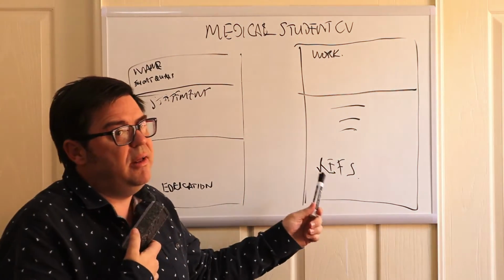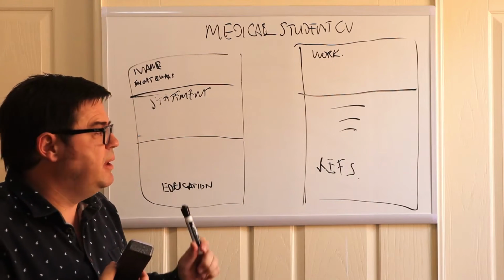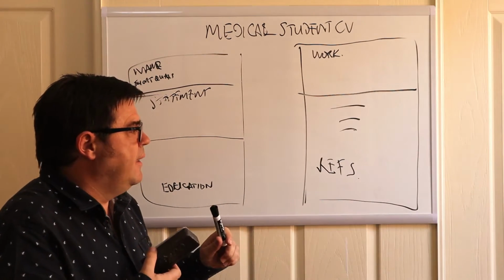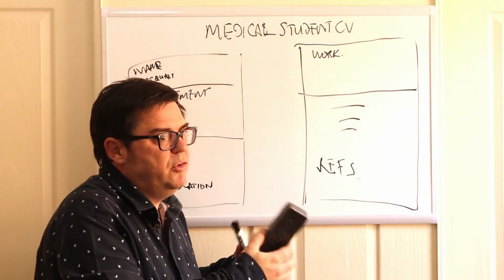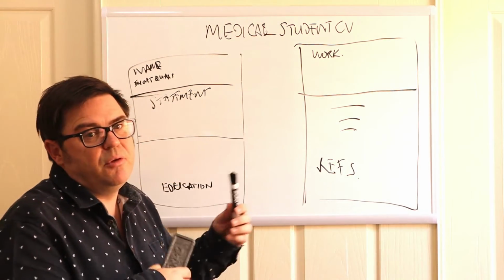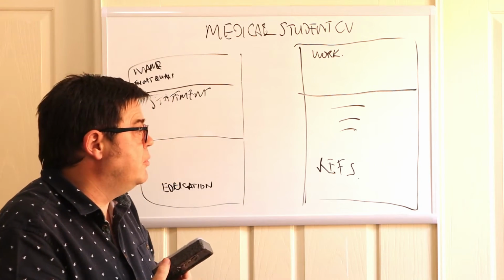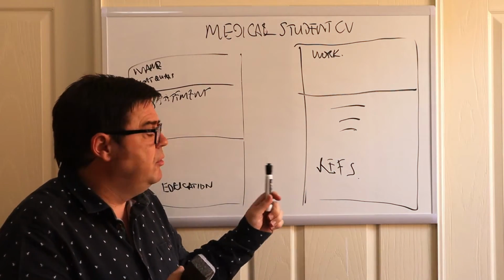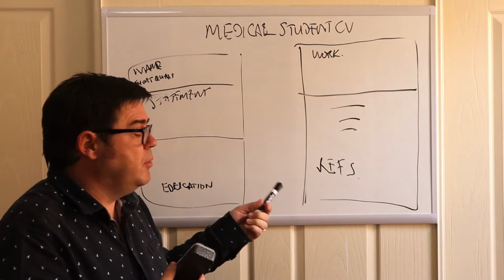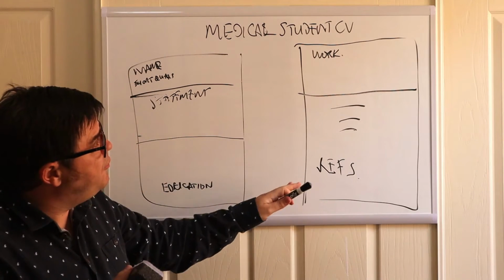And you don't necessarily have to have all doctors as referees, by the way, as a medical student. It can be other people, as long as they can vouch for you and talk about the fact that you were a medical student, and they had some sort of oversight or supervisory relationship. So it could be like a year manager, for example. But just make sure you do get your referees early, because you don't want to be running around trying to do that late in the piece. So that's tip number 4.